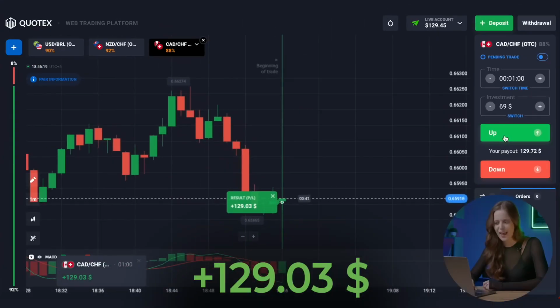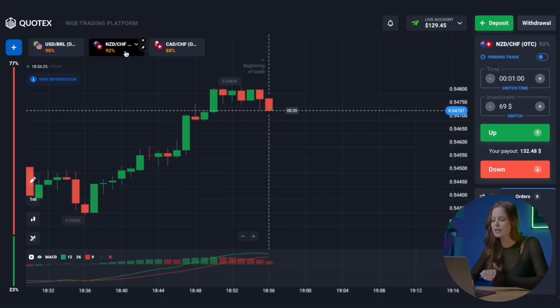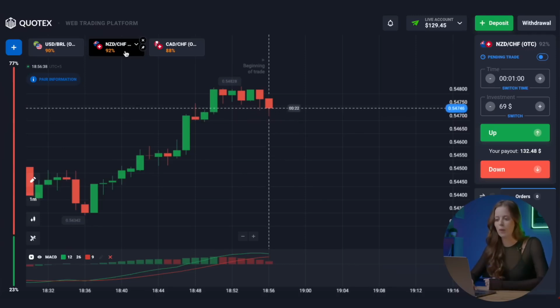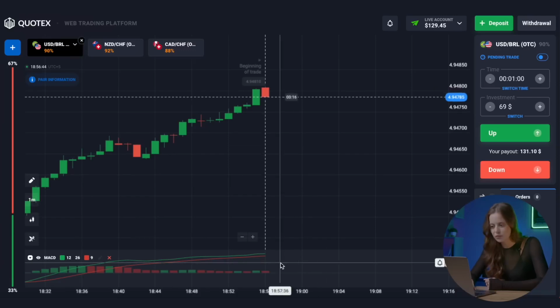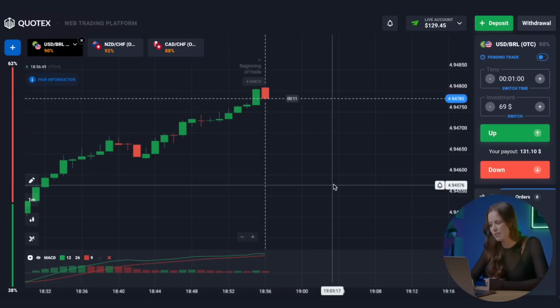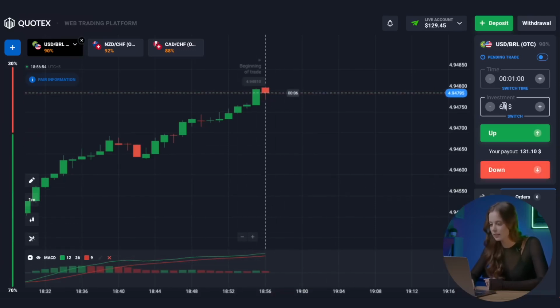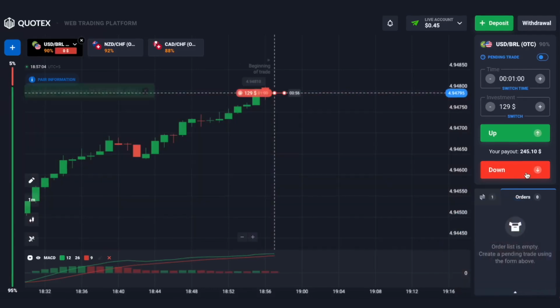That's good. It's been a minute and we've made a nice profit. We already have $129 in our account. I like to make trades on different currency pairs because the market situation changes every second. So let's move to a new currency pair and prepare for a put option.